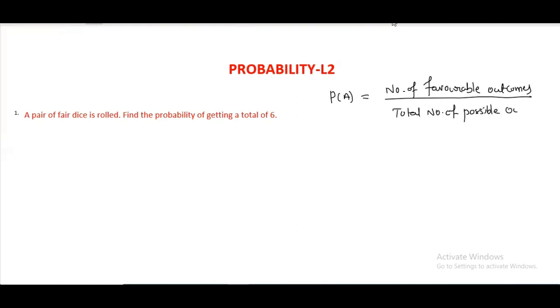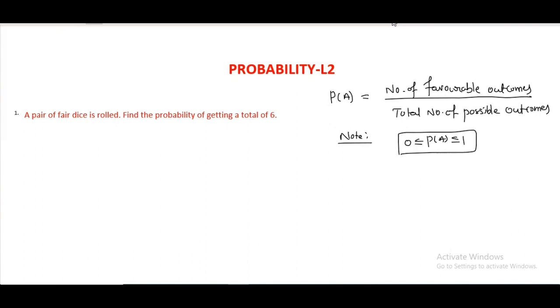So this is the classical definition of probability of an event. So very clearly we know that probability of an event is always greater than or equal to 0 and less than or equal to 1. So please do remember this. So based on this, we are going to solve the problems.